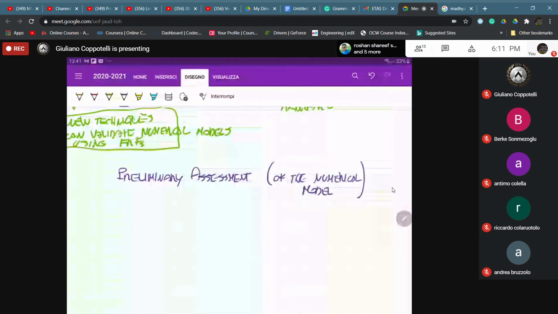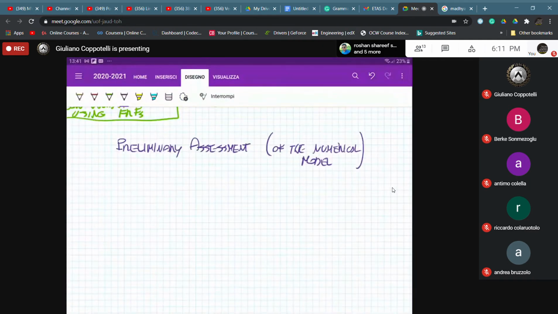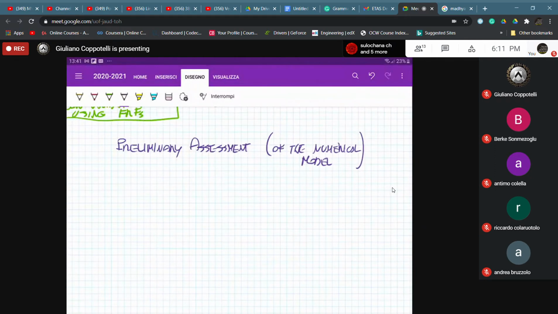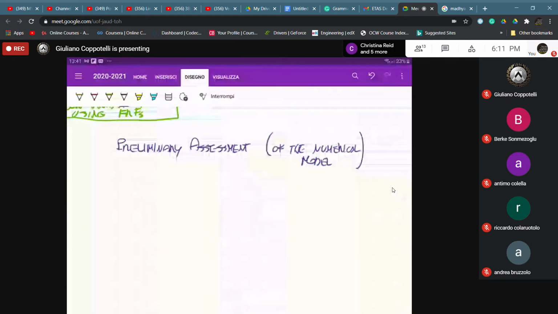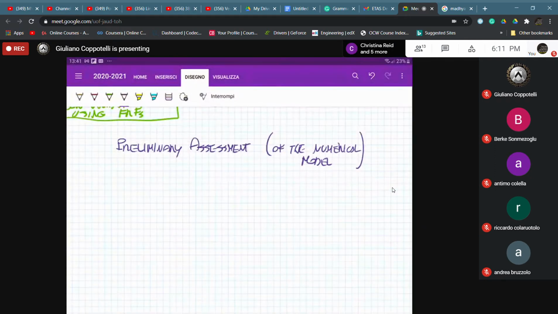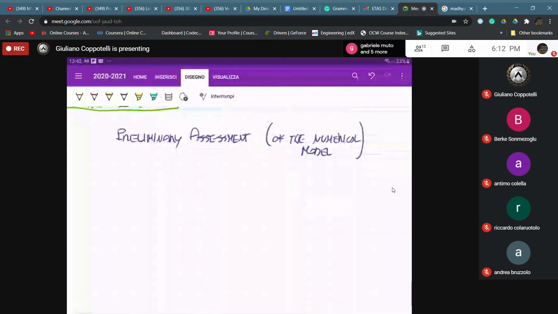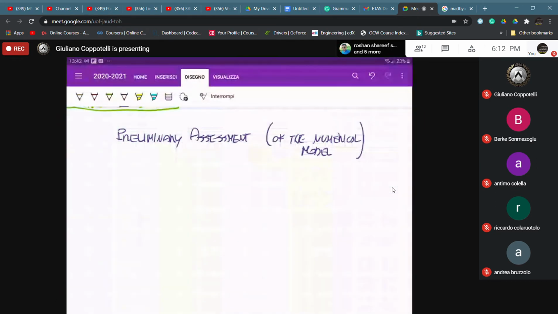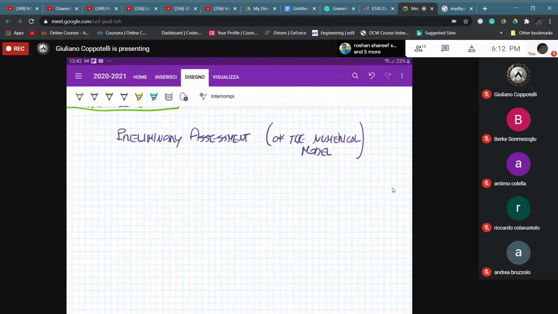Okay, so in order to present this preliminary assessment, we have just to consider the difference between the actual experimental natural frequency set and the predicted numerical one. Okay, so the information that we can have is an error in percentage, sometimes, that is giving us the information of how far or how close your numerical model is with respect to the experimental investigation.